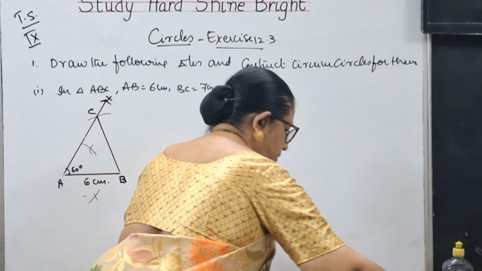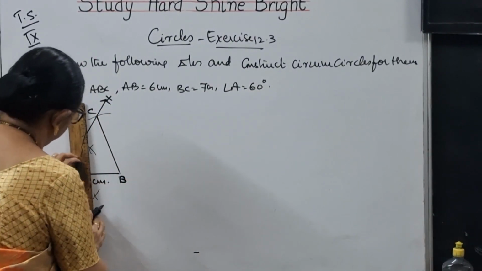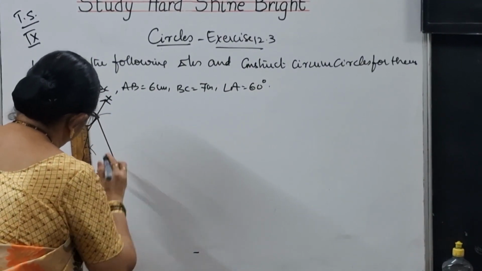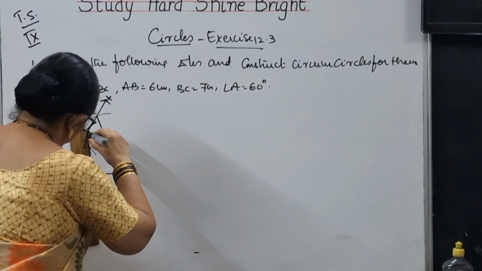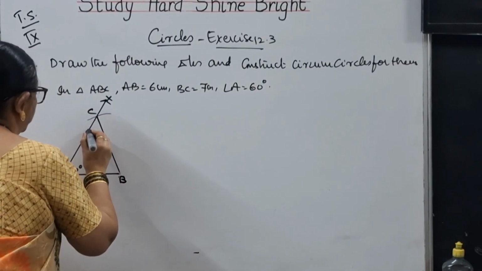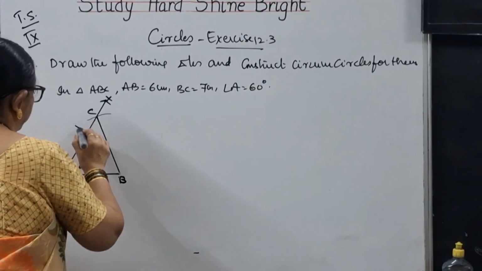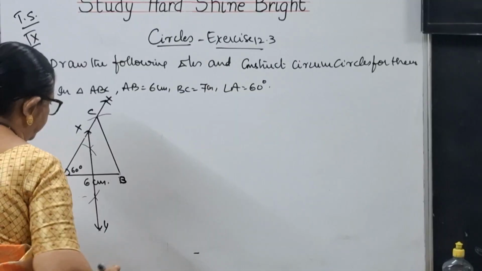And you need to join them. See children, it is slippery on my board because it is a white board. You go through the procedure that I am doing. Let me call it XY.